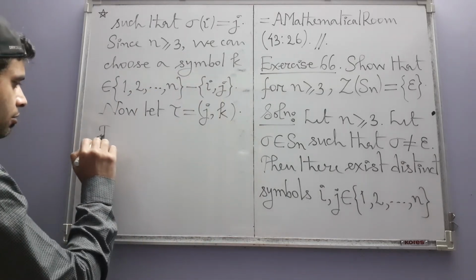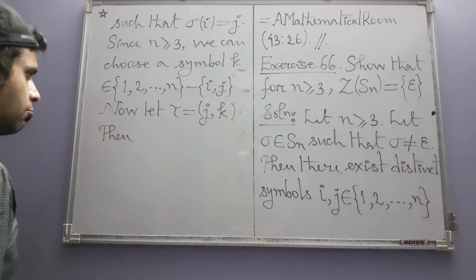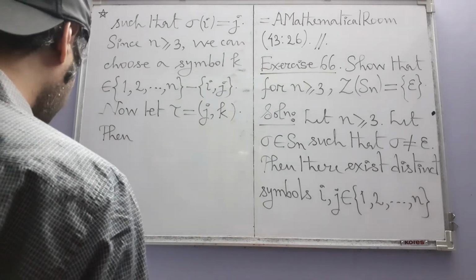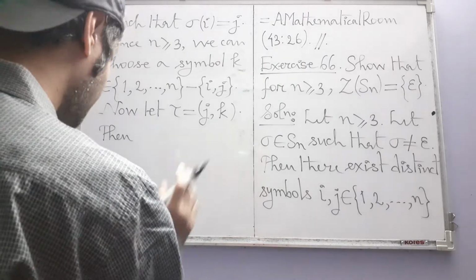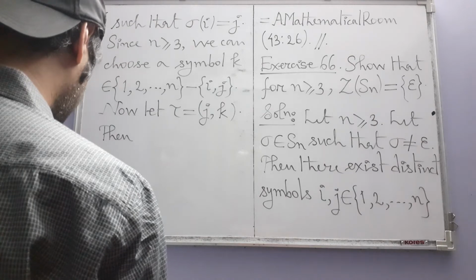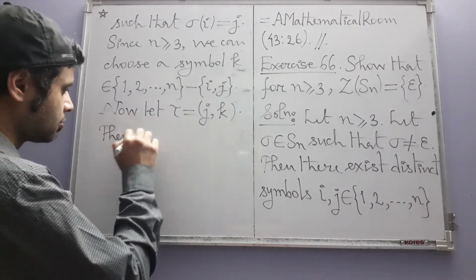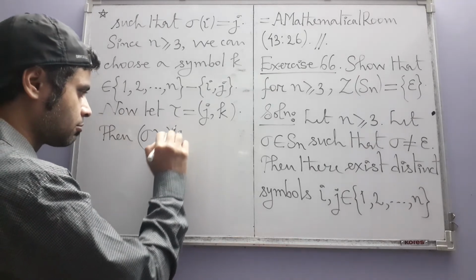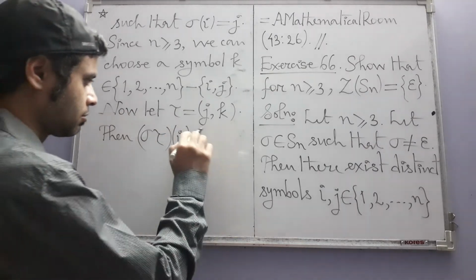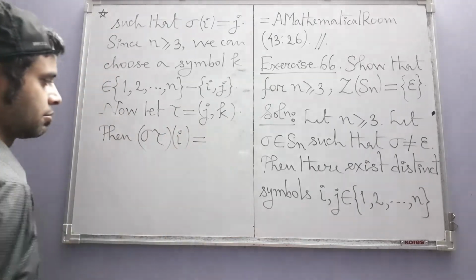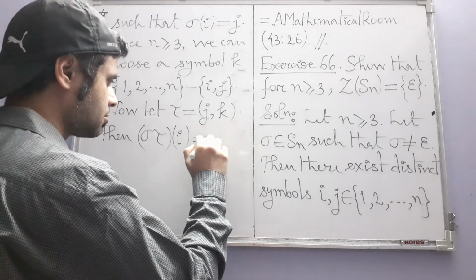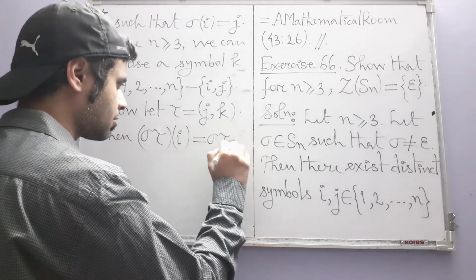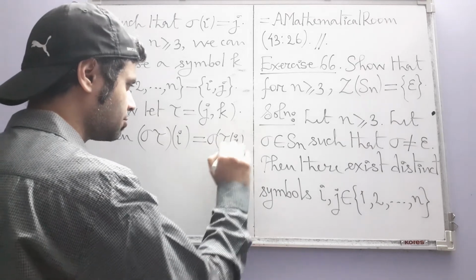Then what happens if we evaluate the composition of sigma and tau at i? So this just means sigma of tau of i, by the definition of composition.